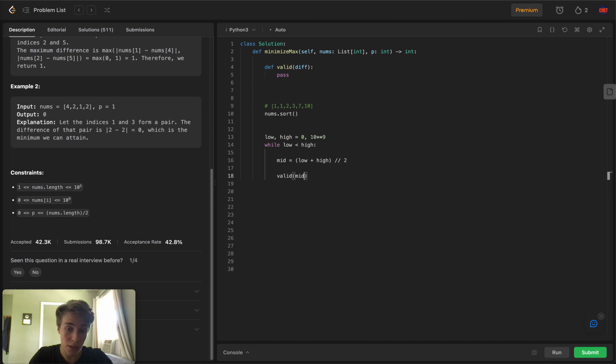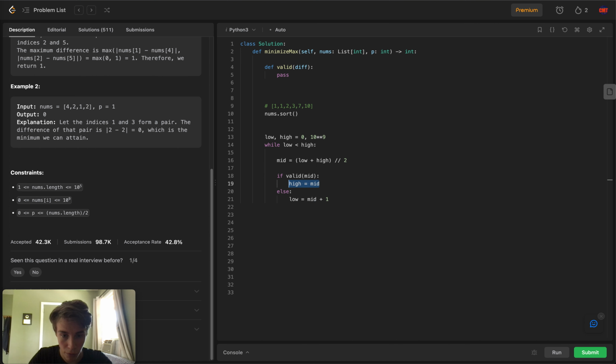And valid is going to tell us if this is a valid solution, and we're doing a binary search over the solution. If this is a valid solution, then say that high is actually going to be equal to the mid. Else, if this is not a valid solution, then we're going to say that low is equal to mid plus 1.